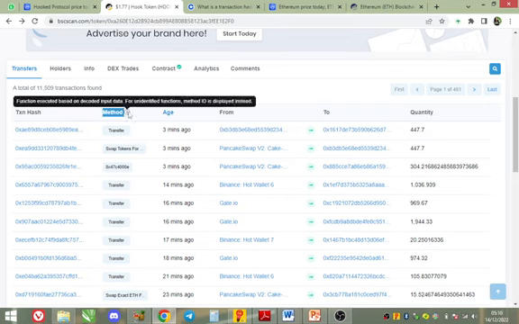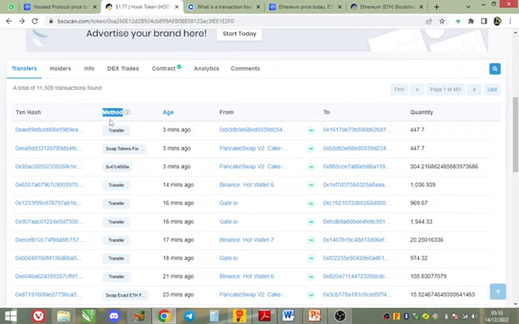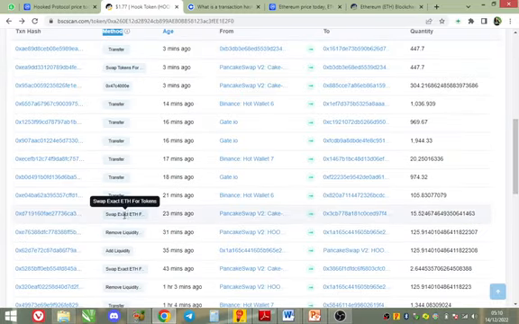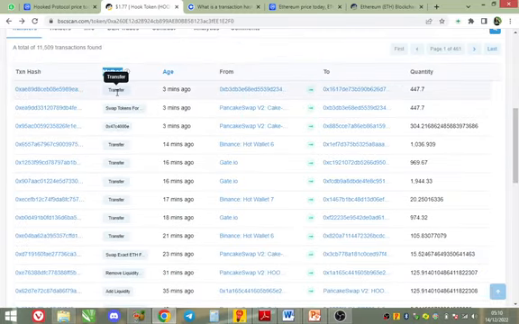Now, this is your method. What the method means is what the token was transferred for. Transfer means it was transferred from one wallet to another.